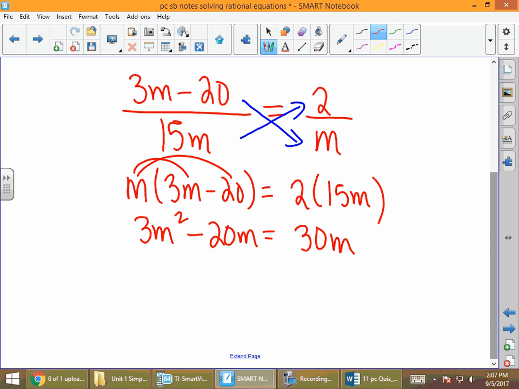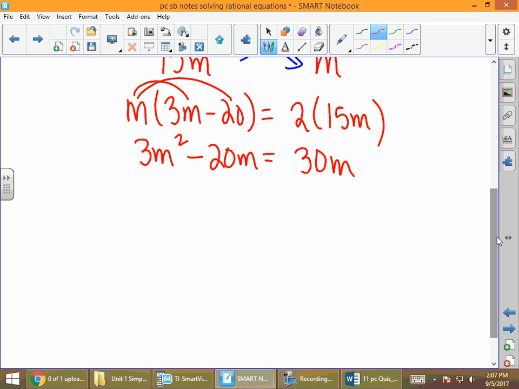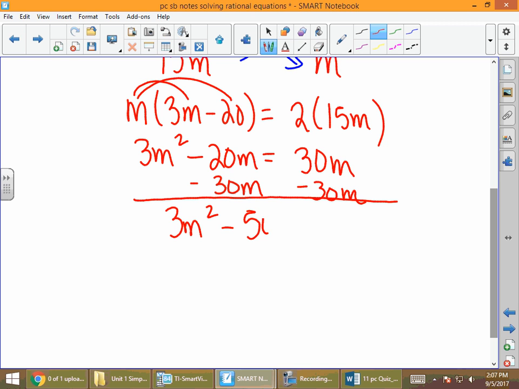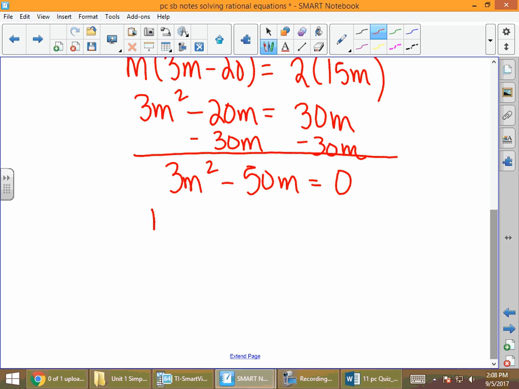Well, we've got a squared in this problem, so that probably means that we need to factor. And in order to factor an equation, we need to have the equation set equal to 0. So we get 3m squared minus 50m equals 0. And what we, I hope, see, and it's small, so it's harder to see, is that we have a greatest common factor of m.